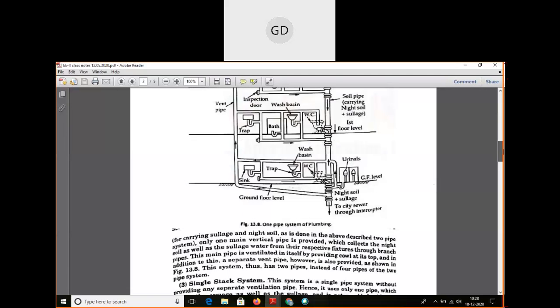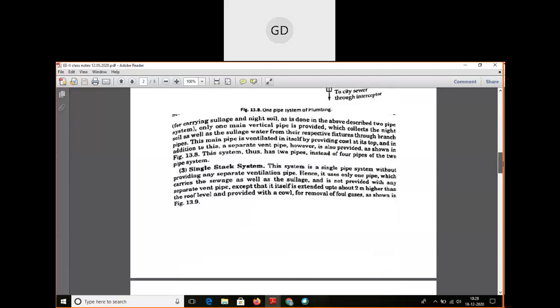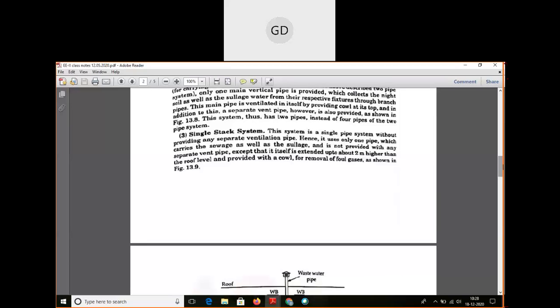Number 3 is your single stack system. This system is a single pipe system without providing any ventilation pipe. Here there will be only one pipe, which will carry both the sewage and the sullage, and it is not provided with any separate vent pipe.